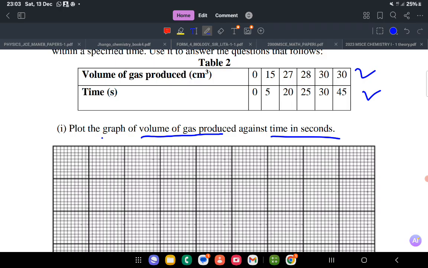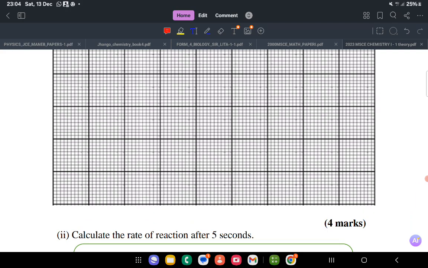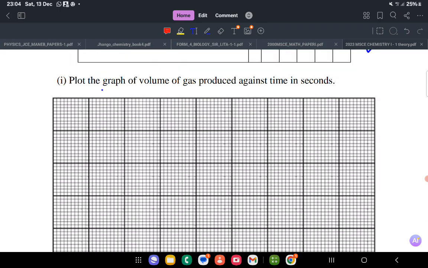The variable that is mentioned before the word against should be plotted on the y-axis, and the one that comes at the end should be along the x-axis. In other words, the dependent variable should always be plotted on the y-axis, and the independent variable, which is time, should be on the x-axis. All right, so this is just a matter of plotting a graph.